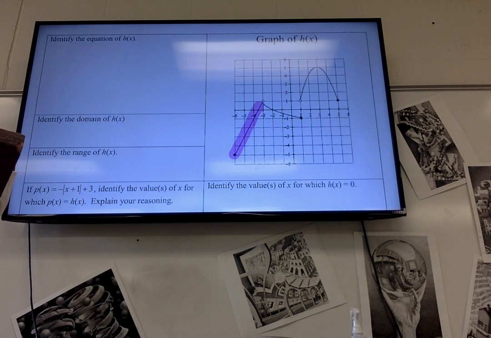I know that for that piece of the graph, we start at -6 on the x-axis, and we go to -3, but it does not include -3.